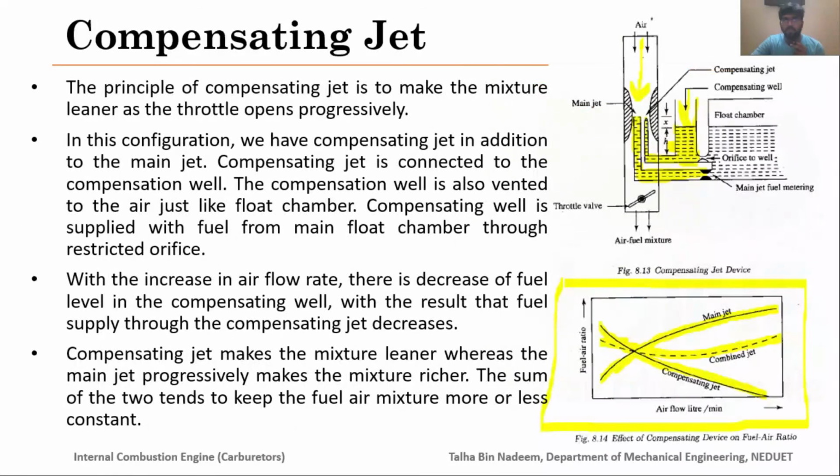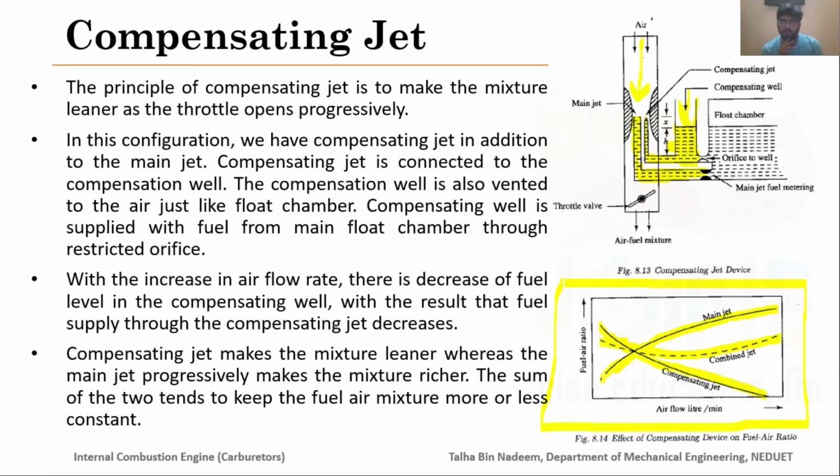And then we had the compensating jet. We discussed that at the starting of your engine, the compensating jet will provide the major portion of the fuel, and the main jet will provide the lesser portion. But as the throttle valve opens progressively, the fuel flow from the main jet will increase, while the fuel flow from the compensating jet will decrease.